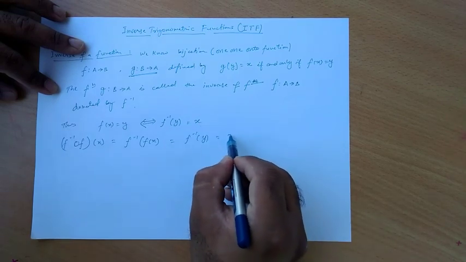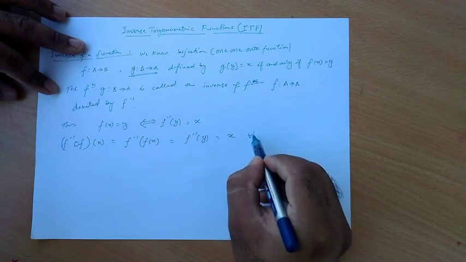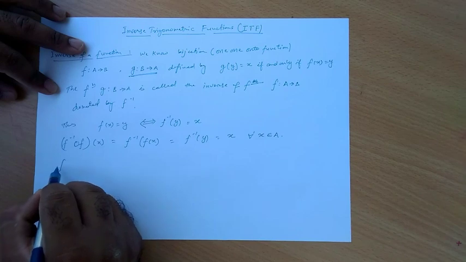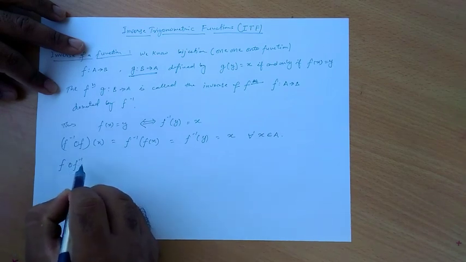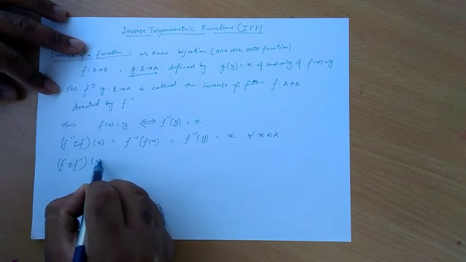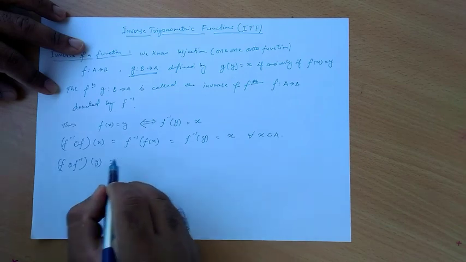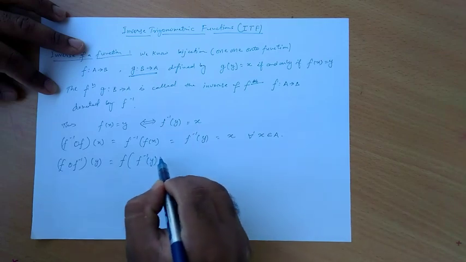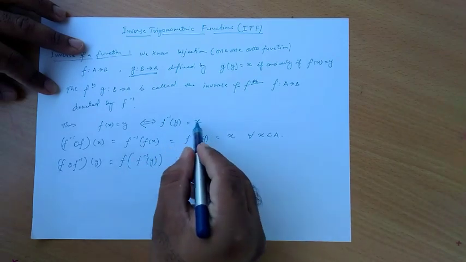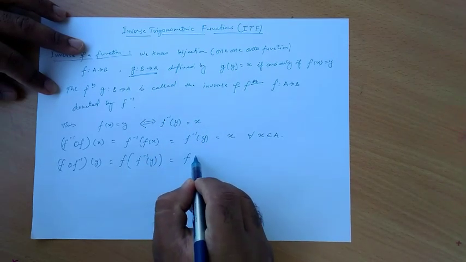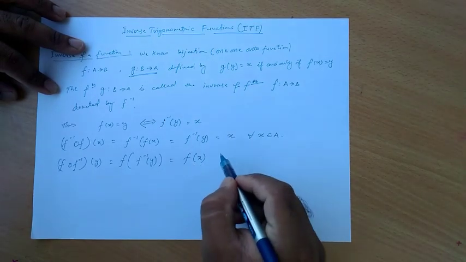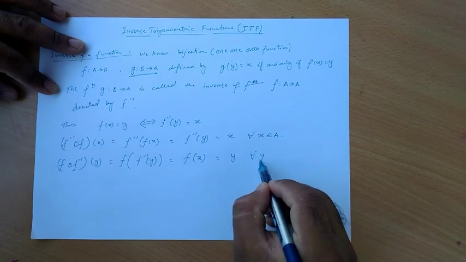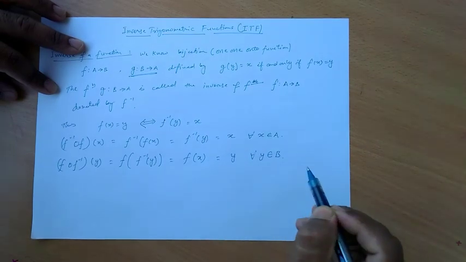We have seen this is nothing but x, for all x belongs to A. And if we consider f of f inverse of y, then f inverse of y is x, so it will become f of x, and f of x is nothing but y for all y belongs to B.